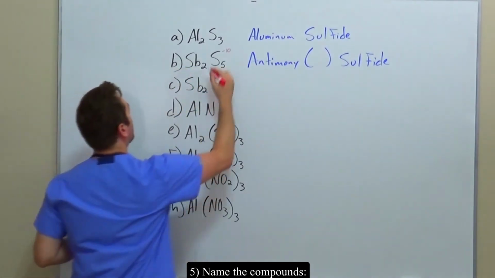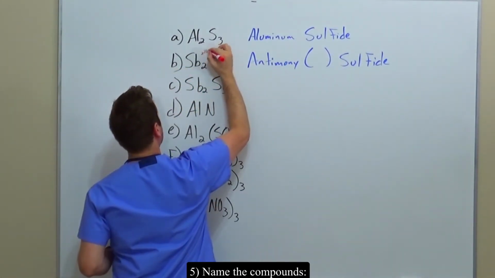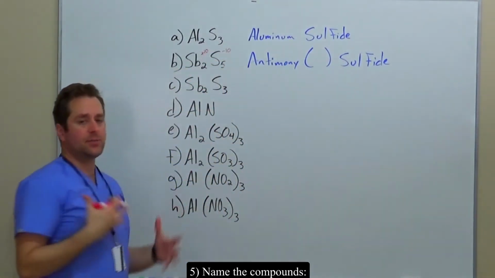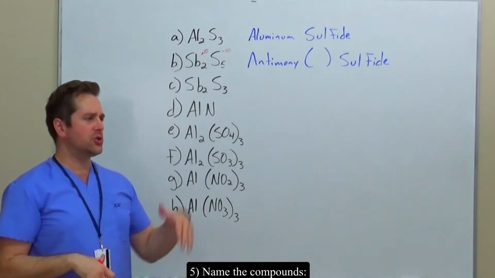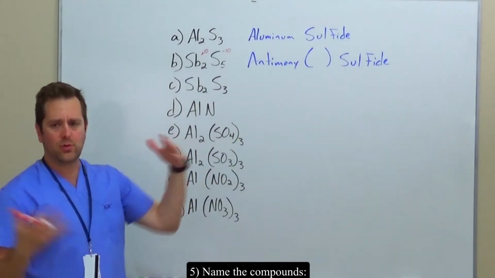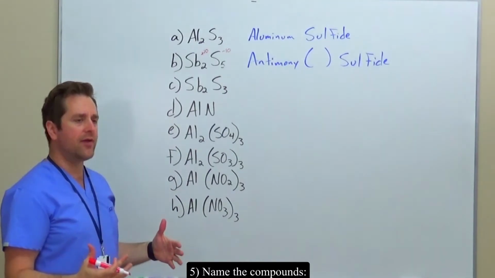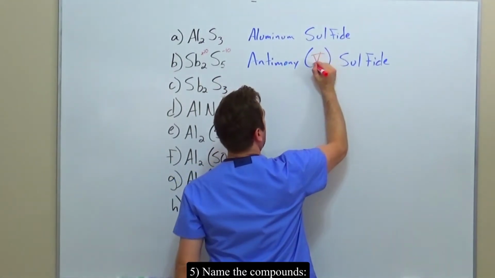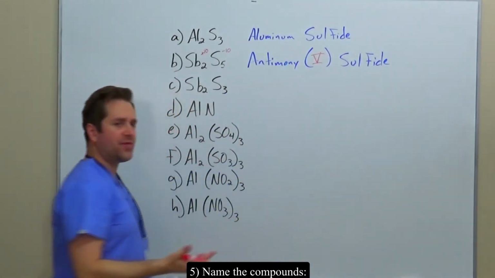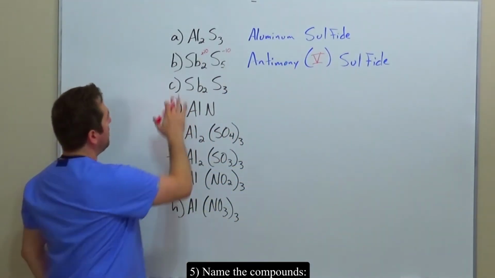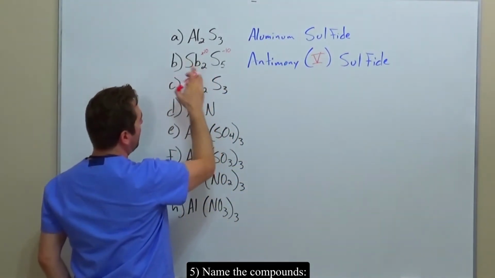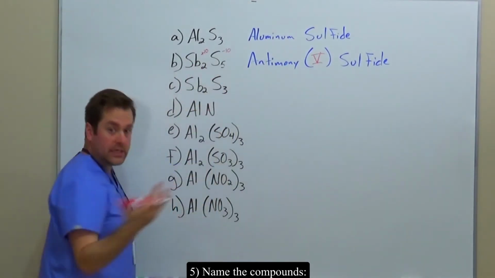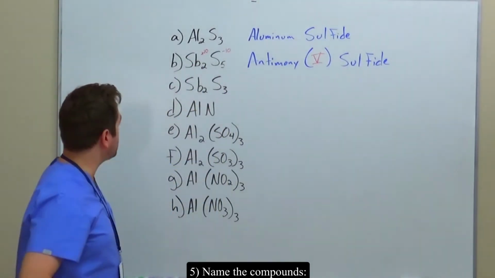So we know overall this has to be +10. Now how many antimonies do we have? We have 2 of them. So just take 10 divided by 2, and what is that? That's +5. So each antimony has to have an oxidation number of +5. So we say that this compound is antimony(V) sulfide. You get the process? Pretty straightforward.